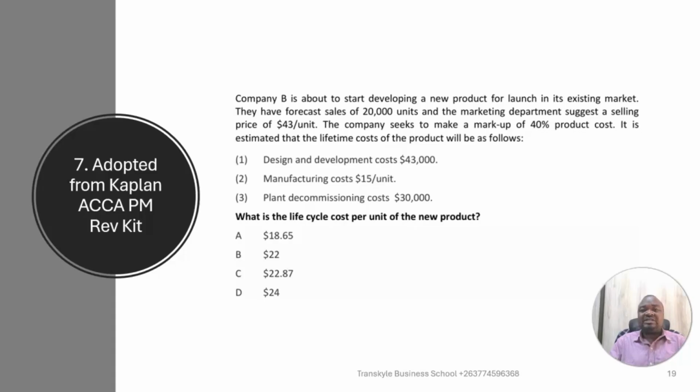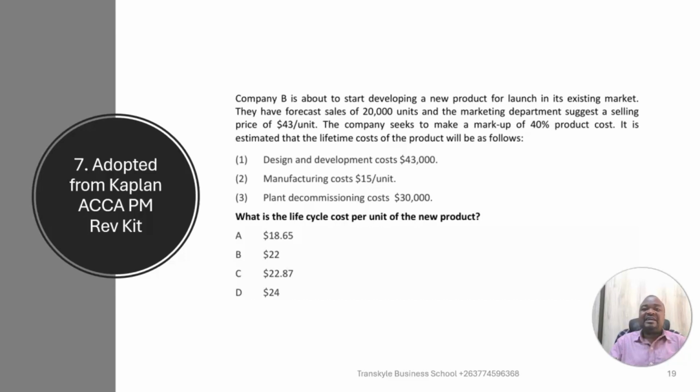Company B is about to start developing a new product for launch in its existing market. They have forecast sales of 20,000 units, and the marketing department suggests a selling price of $43 per unit. The company seeks to make a markup of 40% on product cost.